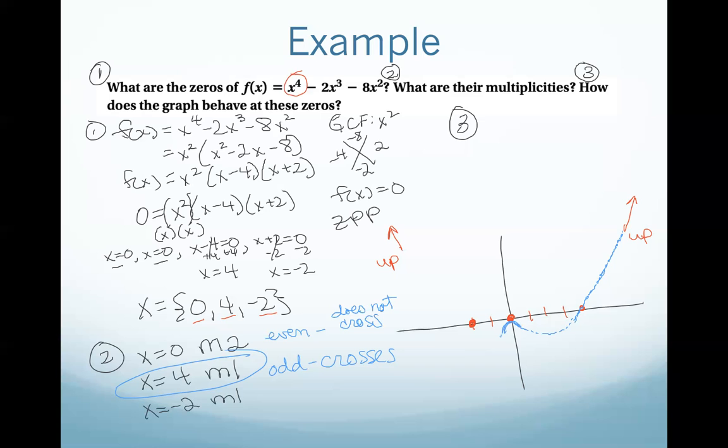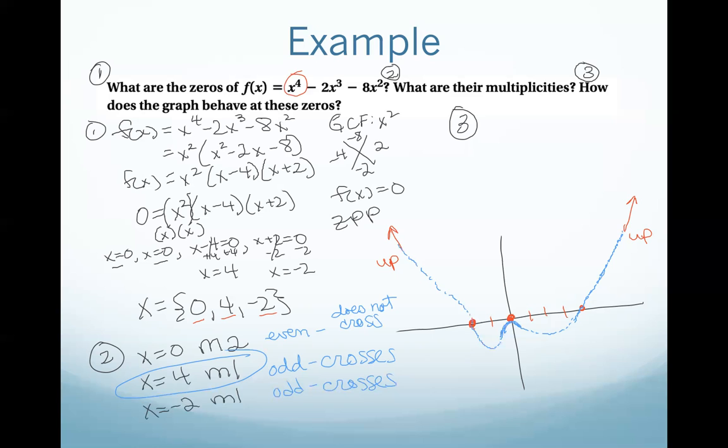And then we're bouncing, we're heading down, but then we have to kind of make a U-turn to head back up to our next dot at negative 2. Negative 2 has a multiplicity of 1, which is odd, so it crosses. And then no more dots to connect. We just head right over to the end behavior.